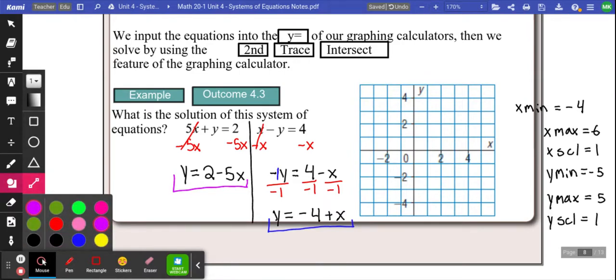The first one, 2 minus 5x, should look something like this. When you graphed it, you should have got that purple line. When you graph the second equation, you should have got this line.